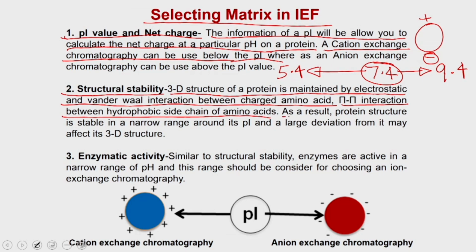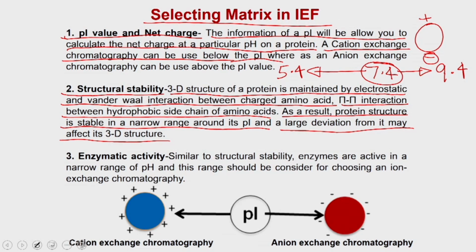As a result, the protein structure is stable in a very narrow range around its pI, and a large deviation from it may affect its 3-dimensional structure. And the integrity of the 3-dimensional structure of a protein is very important for its enzymatic or functional activity. So you have to ensure that whatever changes you make in pH or buffer to run cation or anion exchange chromatography, you should not destroy the 3-dimensional structure.